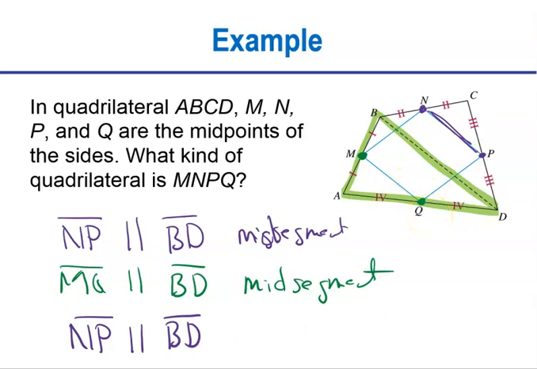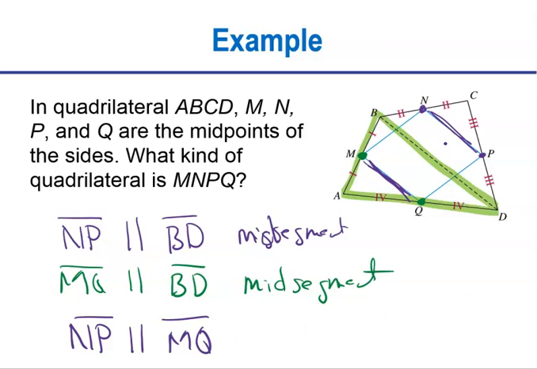I wrote the wrong thing before, but how about NP is parallel to MQ? Right? Do you buy that? Sure you do. Now, what am I aiming at? I'm trying to figure out what kind of quadrilateral this thing is, because if two of them are parallel, that means I might have a trapezoid. But now we have opposing sides that are parallel. Well, one pair of opposing sides are parallel. You think we could prove the other pair of opposing sides are parallel?